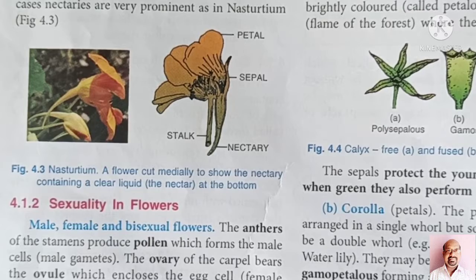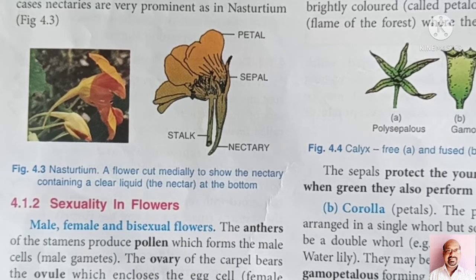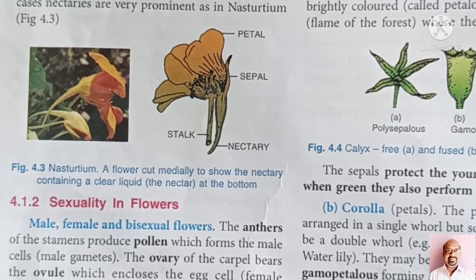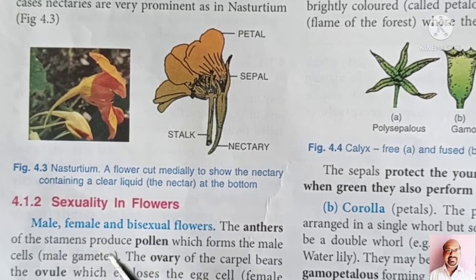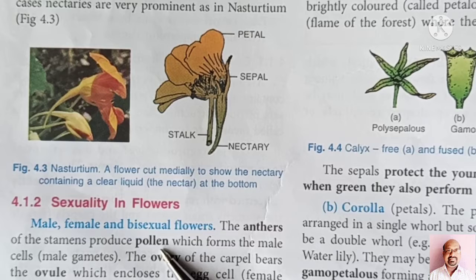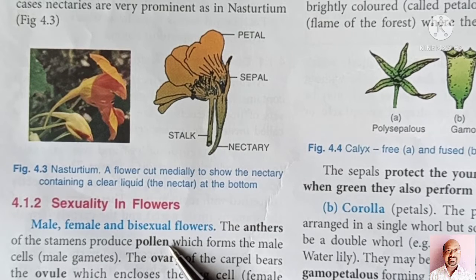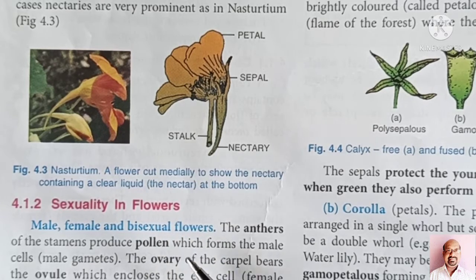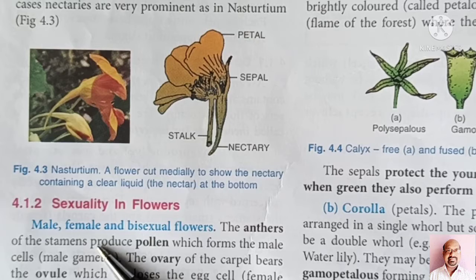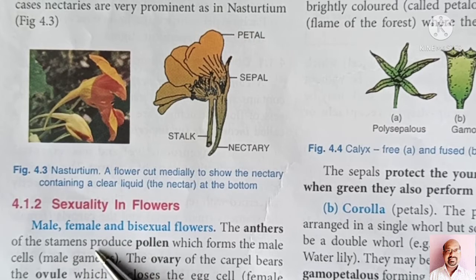On the basis of sexuality, flowers are of four different types: male flower, female flower, bisexual flower, and neuter flower. In a male flower, only androecium is present, and in a female flower, only gynoecium is present.